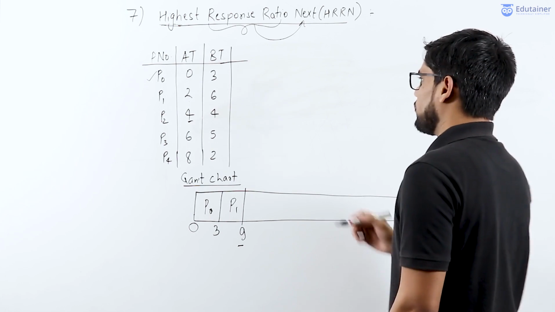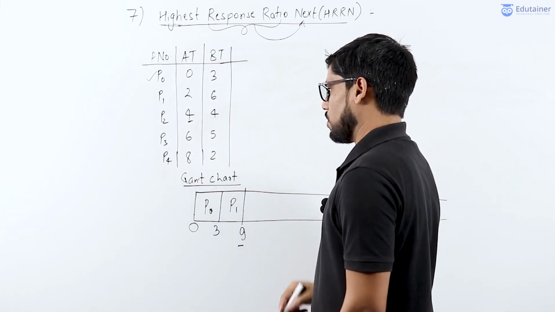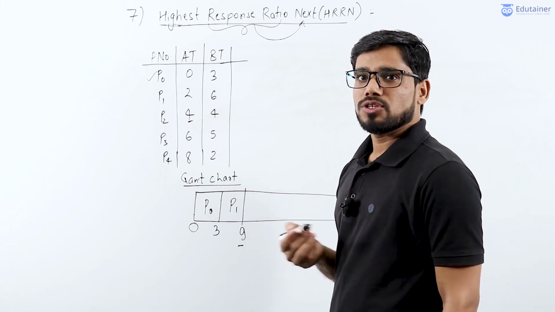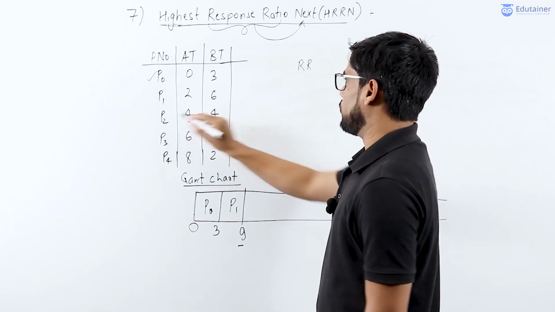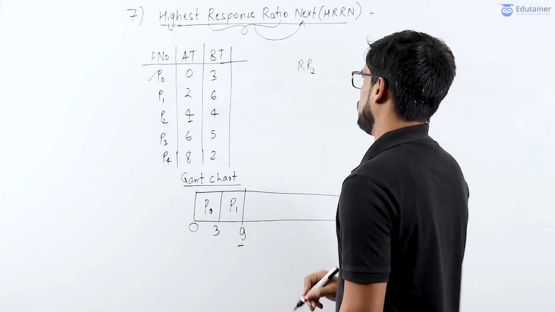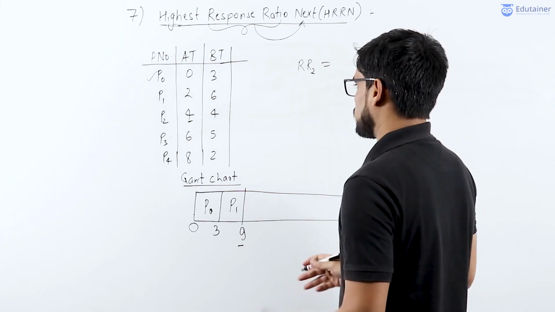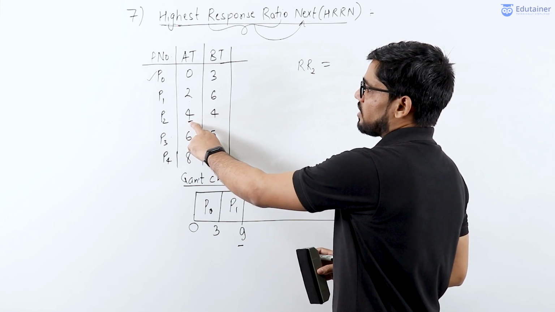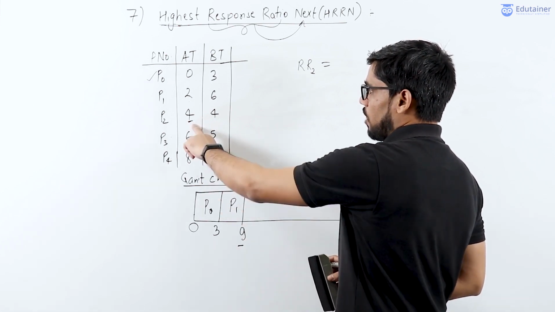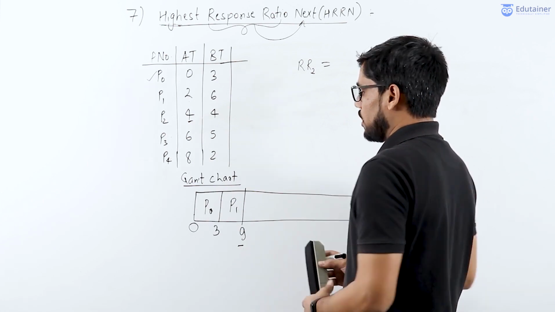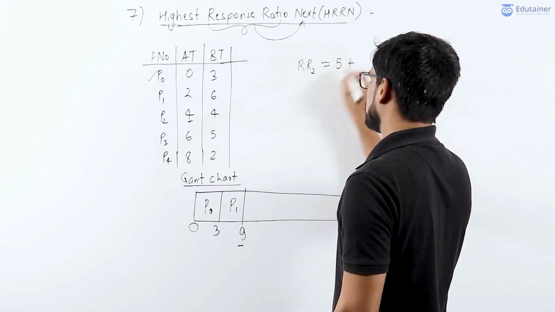Now there is more than one process available in the ready queue, so we have to find the response ratio of these processes. First, the response ratio of P2, which I will write as RR subscript 2. The waiting time so far: it arrived at time 4 and now the time is 9, so it waited 9 minus 4, which is 5, plus the service time.